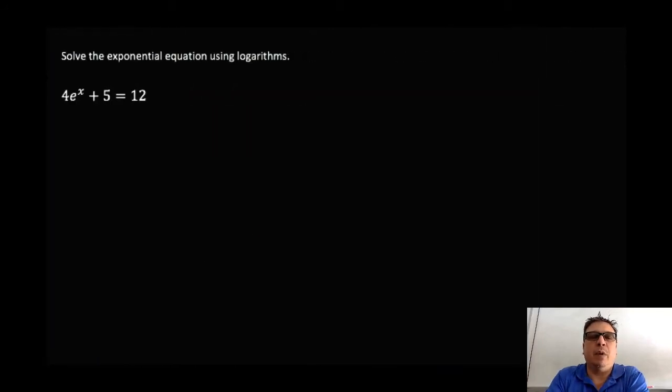All right, next example. Solve the exponential equation using logs and the rules of logs. What I'm going to need to do is recall that from the definition of logarithms, if I have y equals some base b to the exponent x, then that is the same thing as taking log base b of y, and that equals x. So this is the definition.